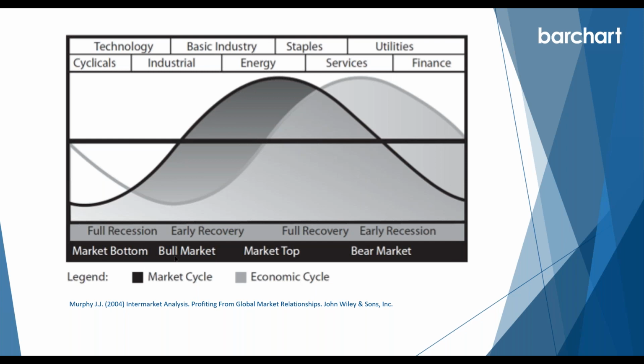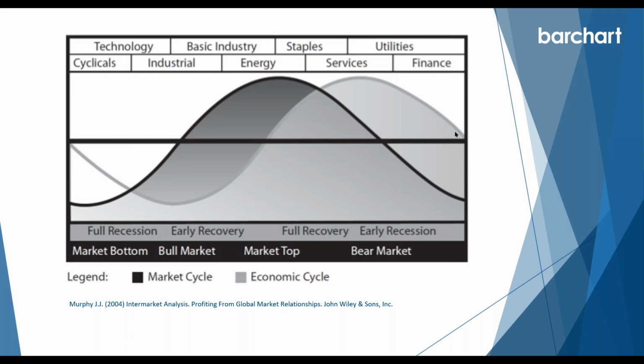You can see on the bottom here, our market cycle moves from market bottom to bull market phase, to market top, to bear market phase, and back to market bottom. And then in the gray, we go from full recession to early recovery to full recovery to early recession.